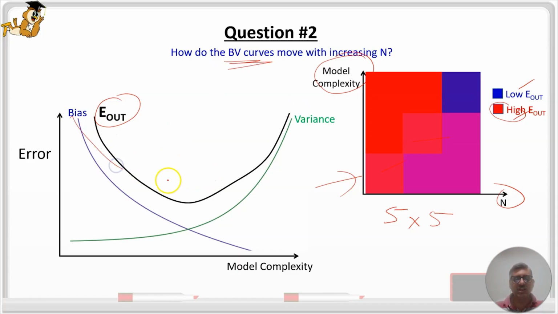So these curves were for a specific N. If I were to increase the N, how would these curves move? Okay, but if you have some time, if you are willing to invest the time and develop a very, very good understanding, I would encourage you to create this 5x5 grid and make sure that each square in that grid is colored with a different shade of purple, blue, red, etc. That's question number 2. This will take some time.